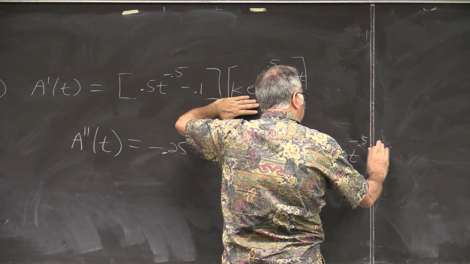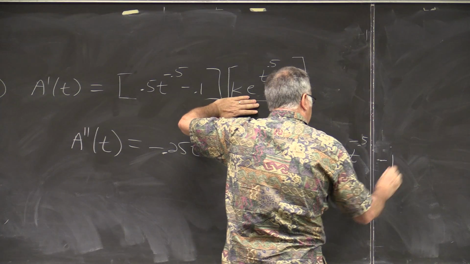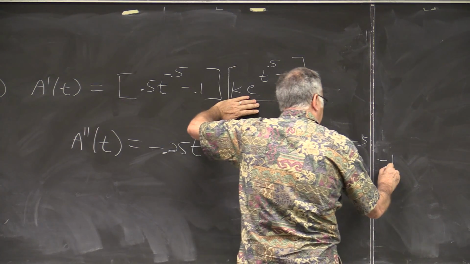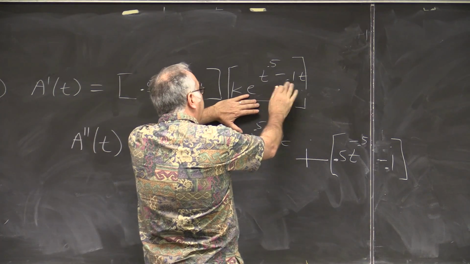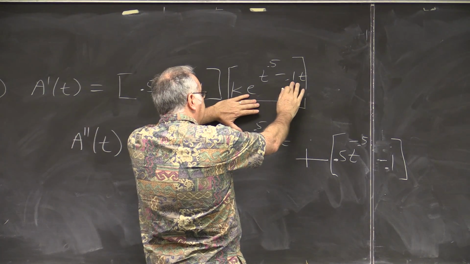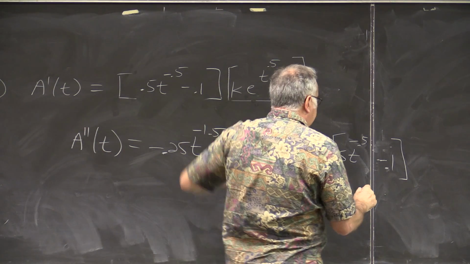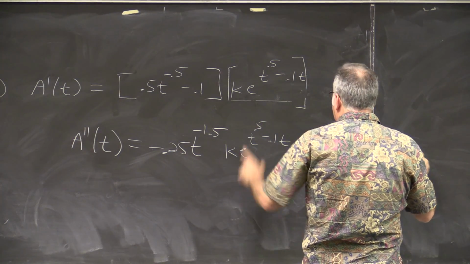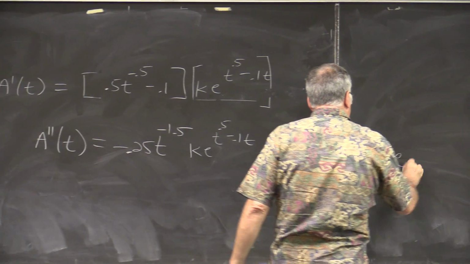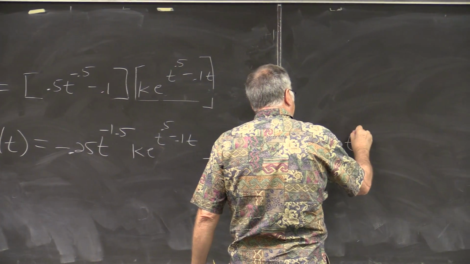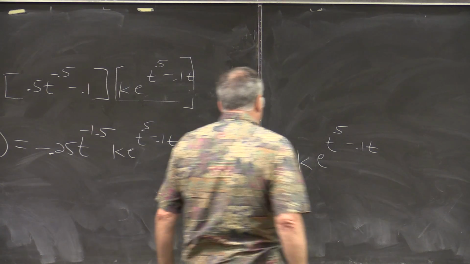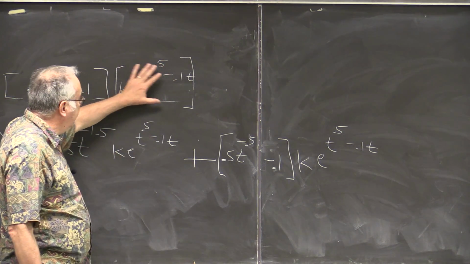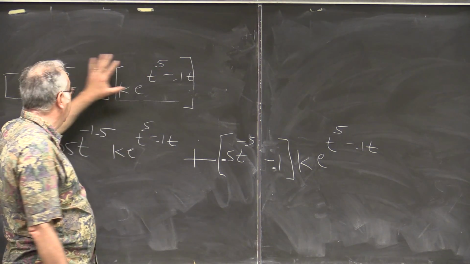Oops, what am I doing? It's minus 1 here. Minus 0.1 is down here. That's just the derivative of this exponent with respect to t. That gets multiplied times what? This whole term, k e to the t to the 0.5 minus 1.2. All of that is just the derivative of the second term times the first.